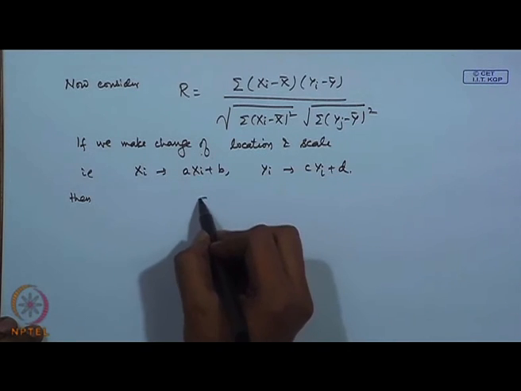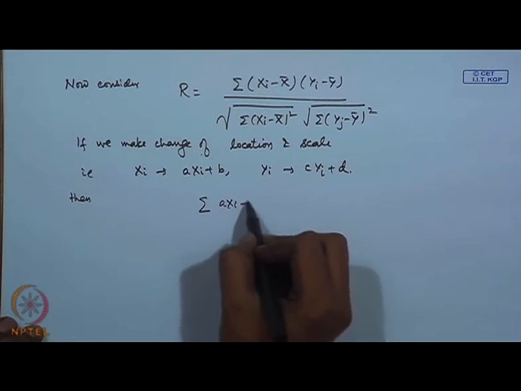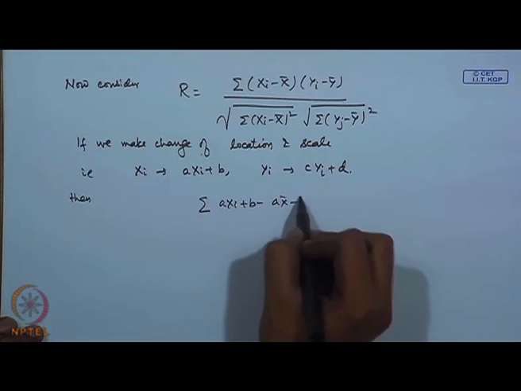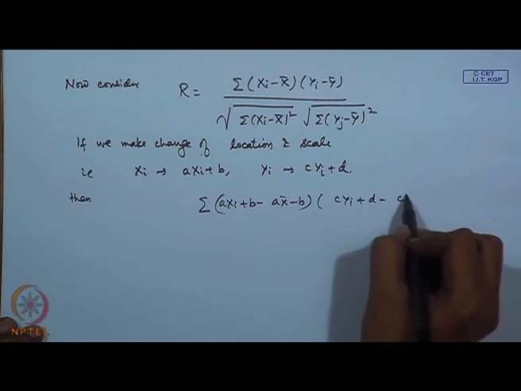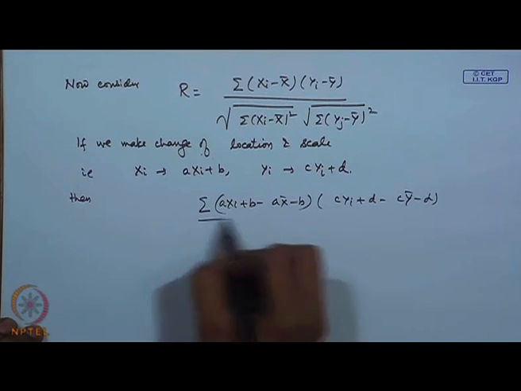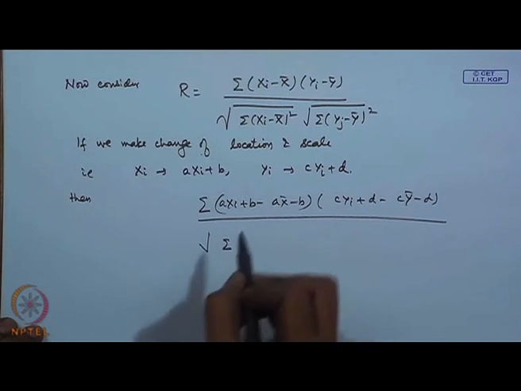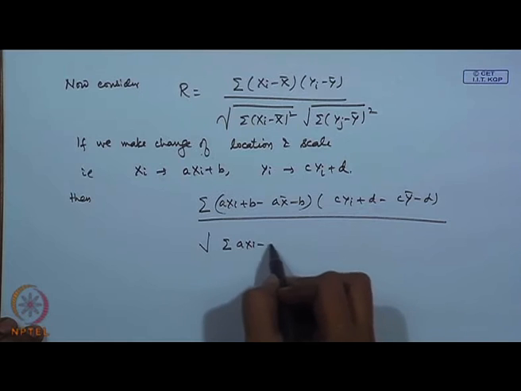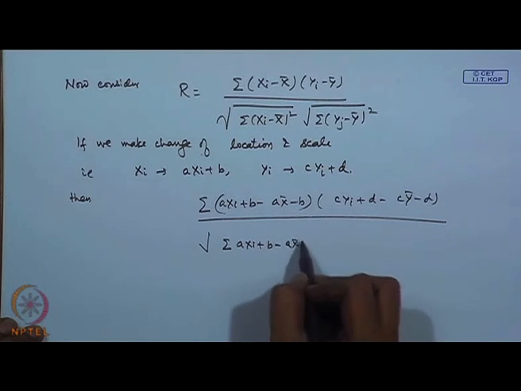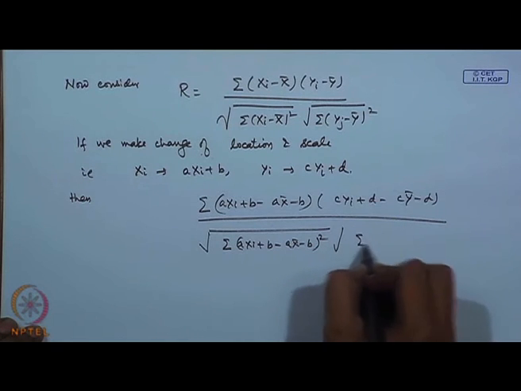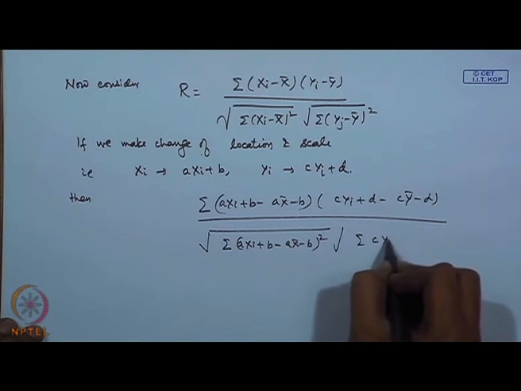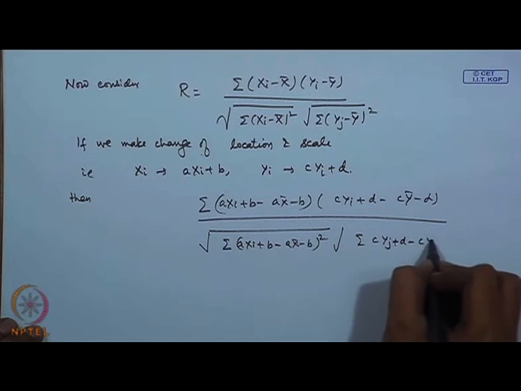If you look at this term, sigma a x i plus b minus a x bar minus b, c y i plus d minus c y bar minus d divided by, similarly here, square root sigma a x i plus b minus a x bar minus b whole square, sigma c y j plus d minus c y bar minus d whole square.